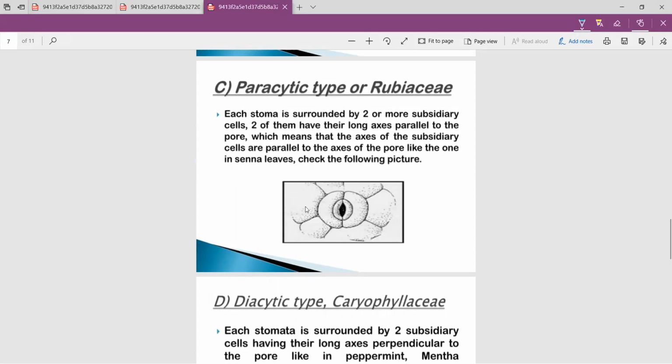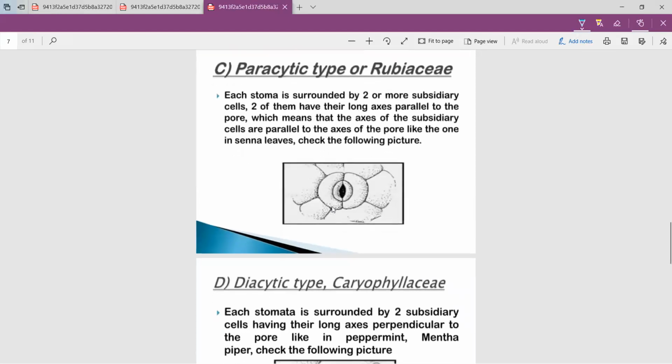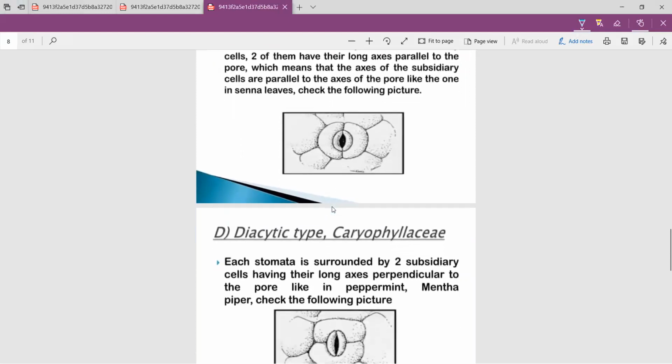These are the guard cells, surrounded by two subsidiary cells, and these two subsidiary cells are parallel to the guard cells. So it is called paracytic. Paracytic means guard cells and subsidiary cells are parallel. Generally it is seen in Rubiaceae members.